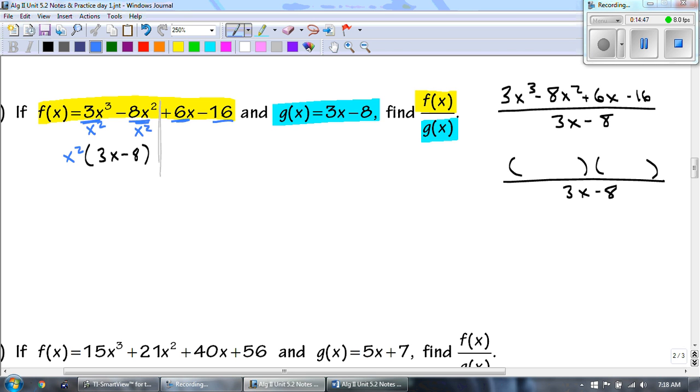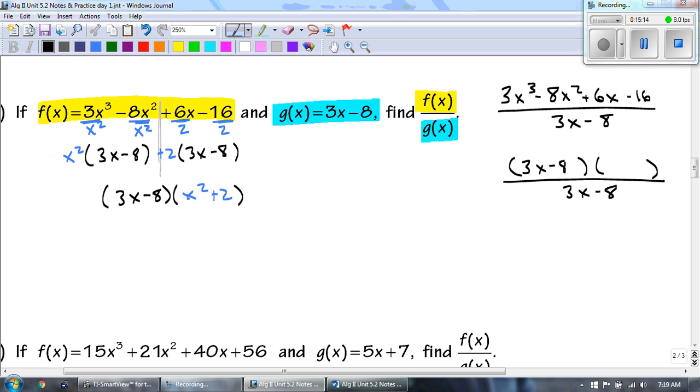Now when I'm looking at the back, I know that I have to get that 6x to turn into a 3x, so they match, so I can only take out a positive 2. And look, we get 3x minus 8 because 16 divided by 2 is 8. So we get 3x minus 8 because the binomials match. x squared plus 2.